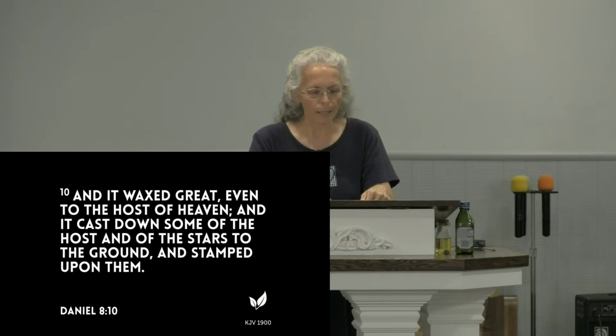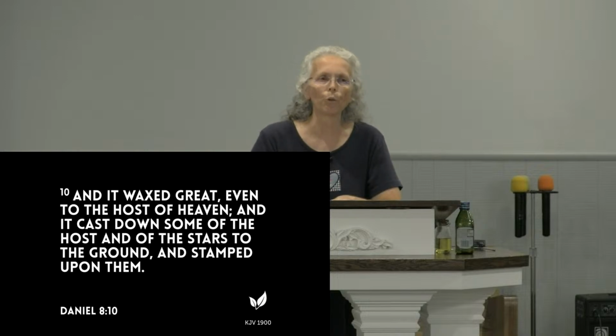Now, verse 10 is an interesting verse. It tells there that the Antichrist waxes great, even to the host of heaven. Now, the host of heaven is the angels. And it tells there that some of the angels are cast down to the ground. Now, we have another picture of this in Revelation chapter 12.